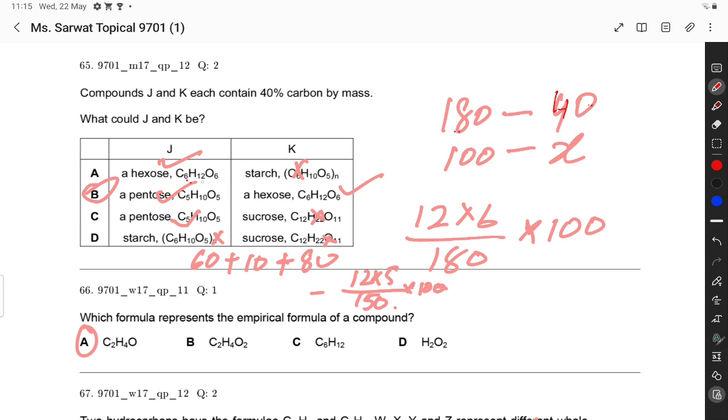The Mr of glucose is 180. So 40 and 100 contain X. So (40 into 100 divided by 180).